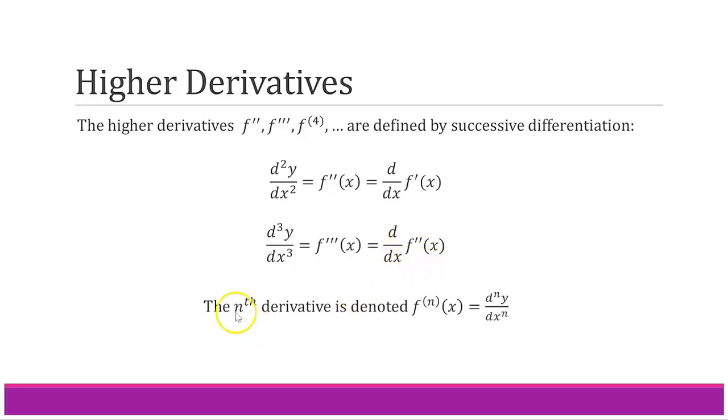And we can keep going. We can find the nth derivative. So the nth derivative would be denoted f, and then n represents whatever derivative we're taking of x. And then using Leibniz notation, we'd see the d with the n in the power position of the function y with respect to x as the variable.